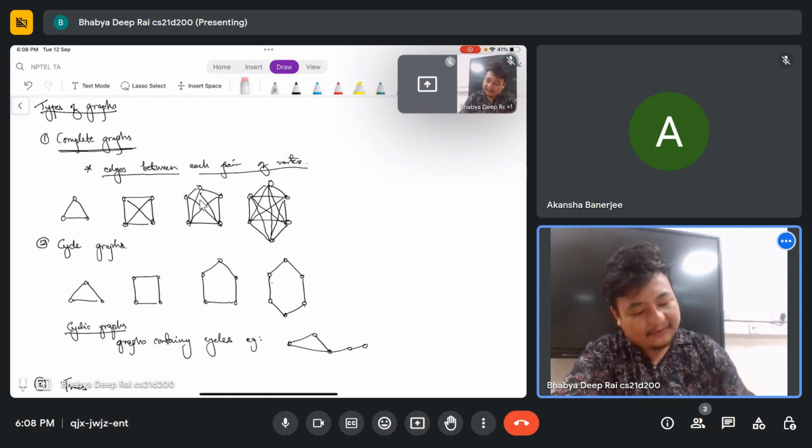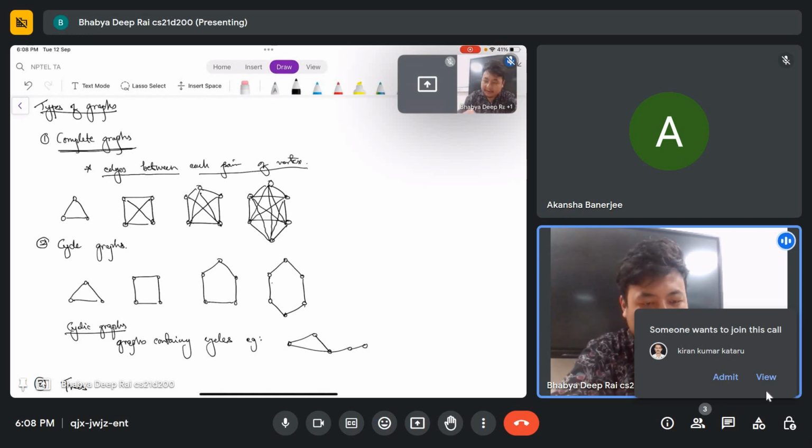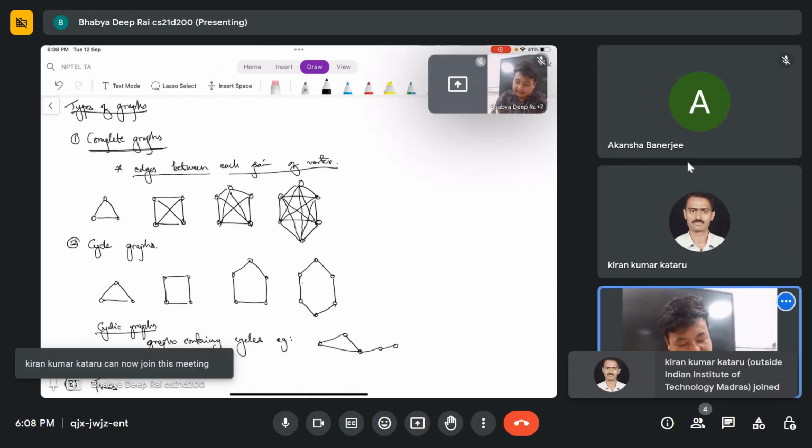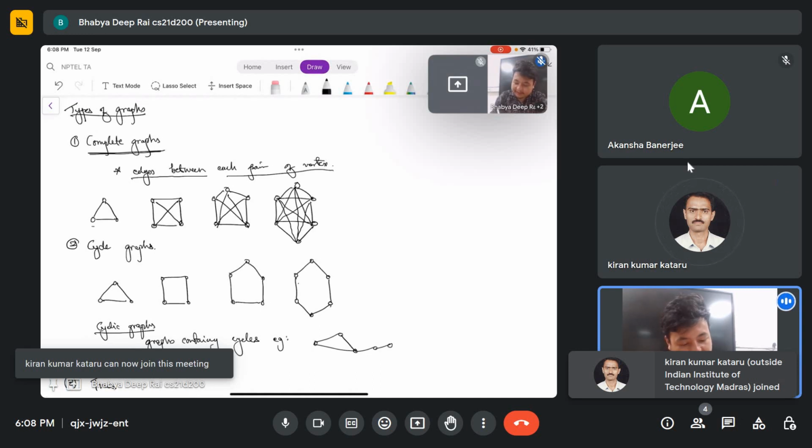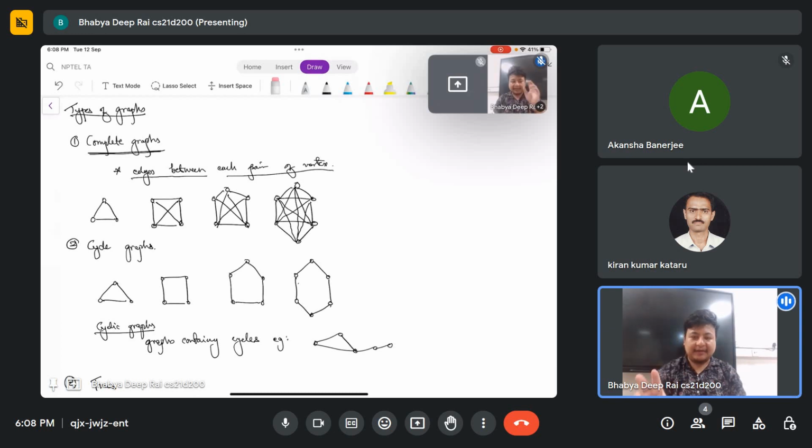For example, the first one you see here is a complete graph on three vertices, because all three vertices are connected to each other. This is a complete graph on four vertices. And this is a complete graph on 5 vertices.